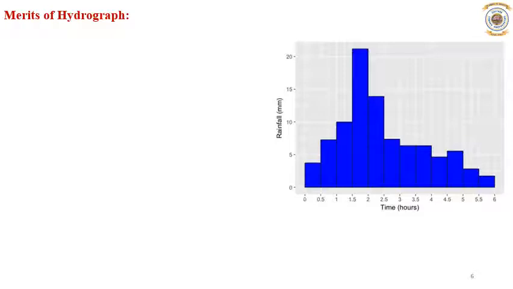The peak discharge you got between 1.5 hour to 2, and then a sudden decrease has taken place from 2 to 6. The average rainfall is about 2.5 millimeter across all the time.